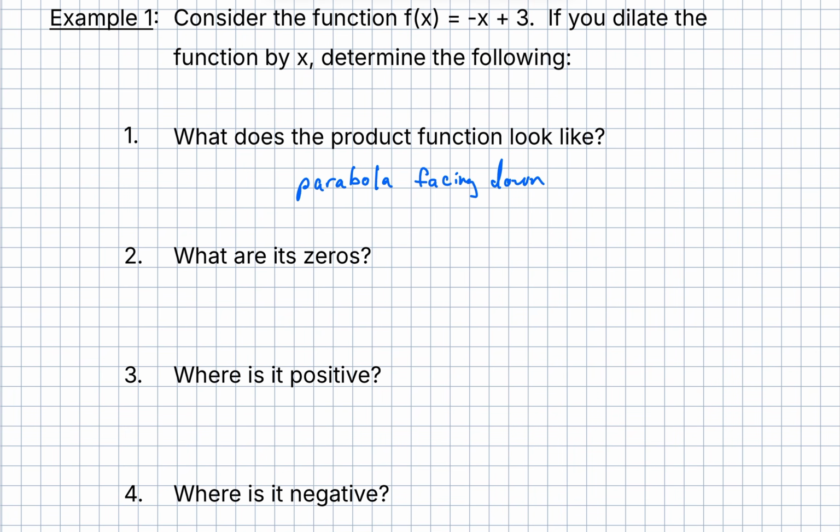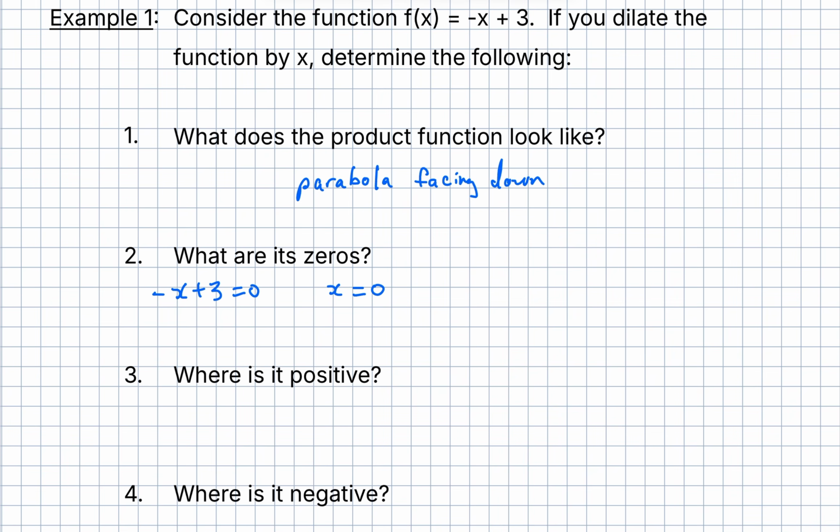So the way to figure this out is to take each linear function and set it equal to 0. For example, the first linear function that we have here is negative x plus 3. So we're going to set that equal to 0, and then we're going to set this function equal to 0. So negative x plus 3 is equal to 0, and then the other function was x is equal to 0.